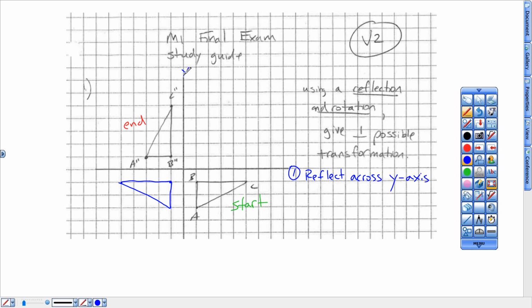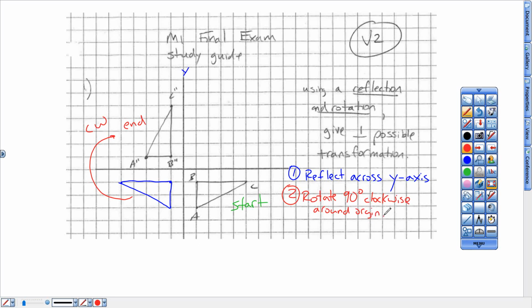And then it looks like after that, I'm doing a rotation, which is going clockwise if I'm doing this one first. Then rotate 90 degrees clockwise around the origin. That's one way of doing it.